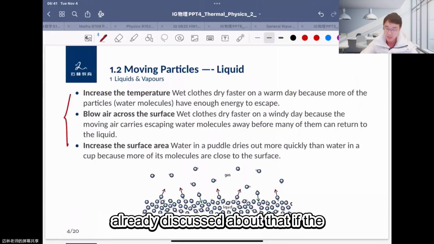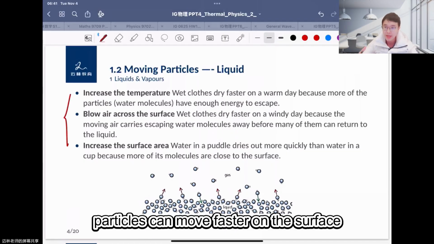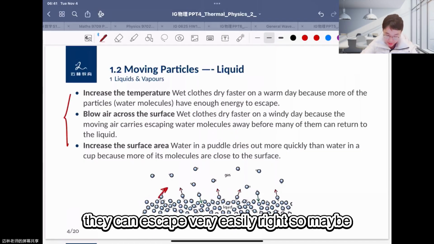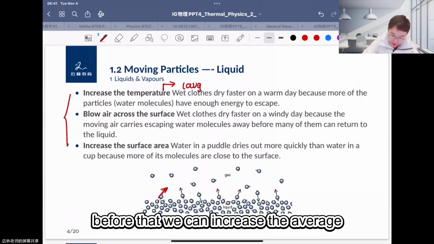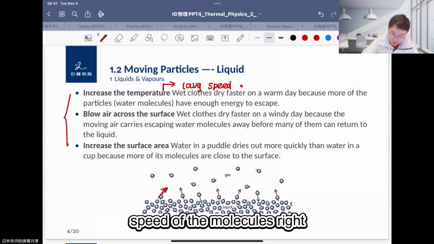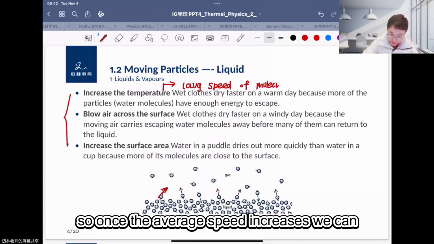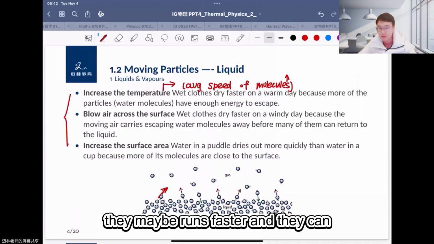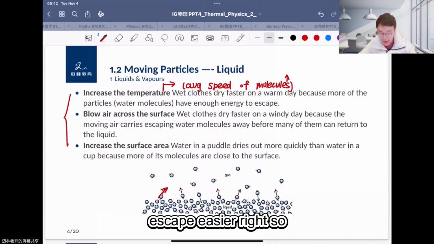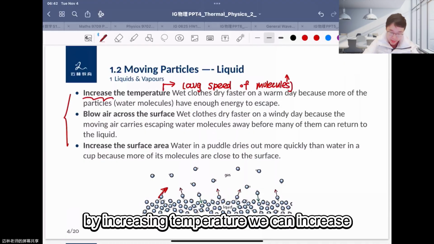Because we have already discussed that if the particles can move faster on the surface, they can escape very easily, right? Increasing the temperature increases the average speed of the molecules, so they run faster and can escape more easily, right?